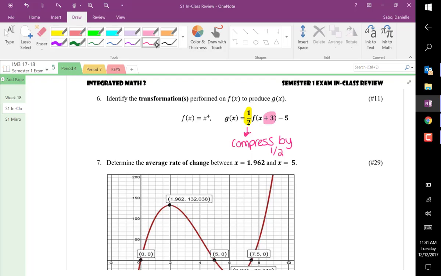So the 3, what does the 3 mean? Yeah, very good. Left 3. What does this -5 on the outside tell me? Very good. Down 5. You did a really nice job with that one. Be careful on the final, you won't really have this choice.